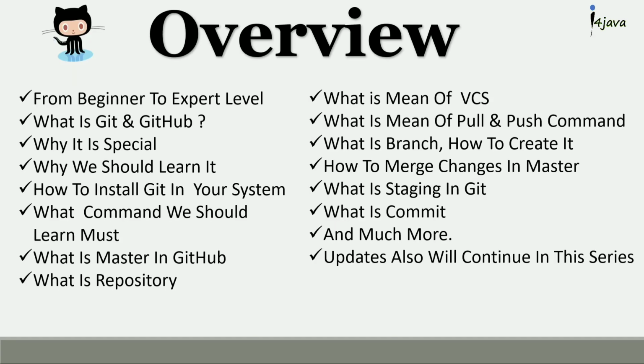In this series, I will teach you step by step from beginner to expert level what Git and GitHub are, why it is special, why we should learn it, how to install Git in your system, what commands we must learn, what is master in GitHub, what is a repository, what is the main use of VCS, what is the main use of pull and push commands, what is a branch, how to create it, how to merge changes in master, what is staging in Git, what is a commit, and much more. Updates will also continue in this series.